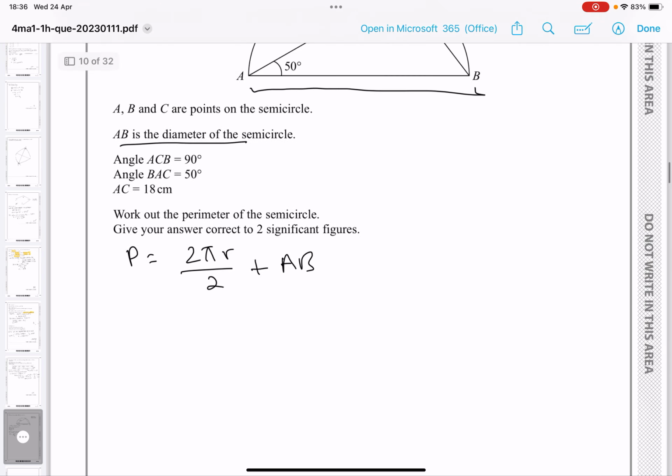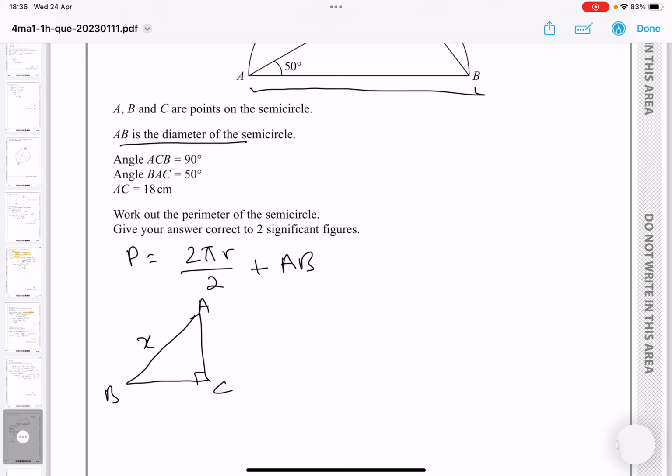So let me redraw that triangle for you guys, so it'll be much easier to see. Okay, not the best diagram, but that's ACB, let's label AB equals x, okay? Because then it's much easier to solve. That's 50 and that's 18, okay.